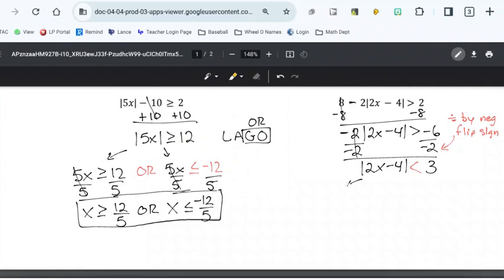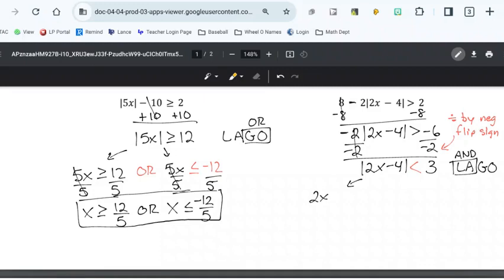Now we can split because the absolute value is isolated, and we need to ask ourselves, is it an and or an or problem? Well, the sign after we flip is a less than, so it's going to be an and problem.